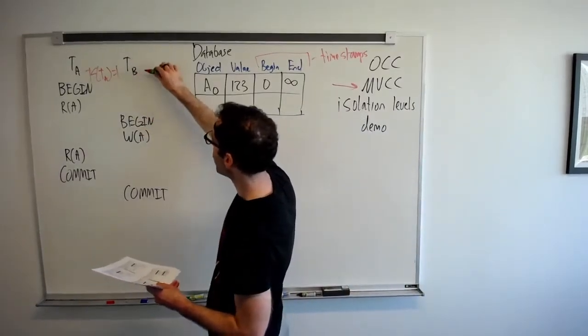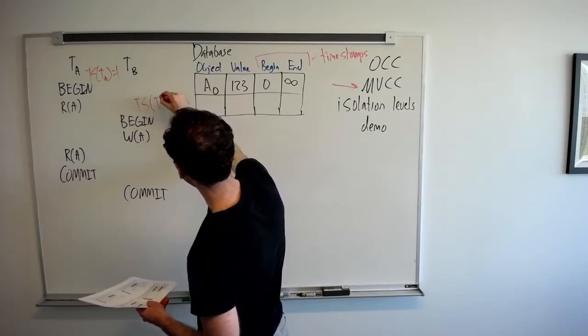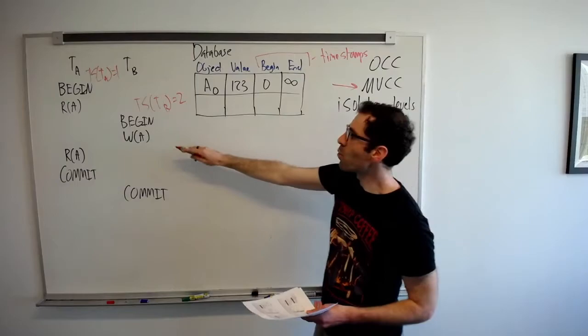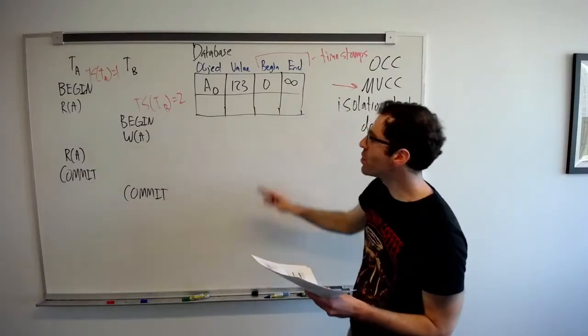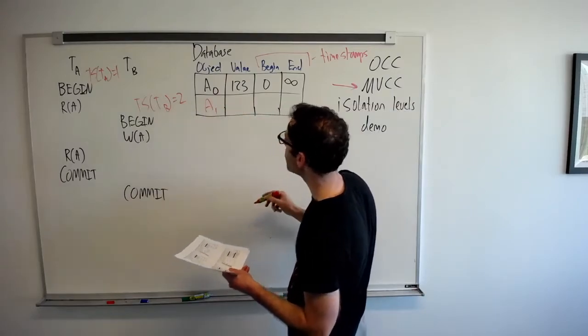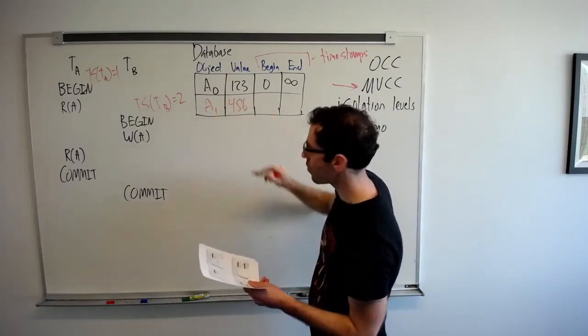Now, our transaction B begins. It gets a timestamp of 2, and it will write A. And so it is going to write a new version of A. I'll call it A1. And it says the value is 4, 5, 6.